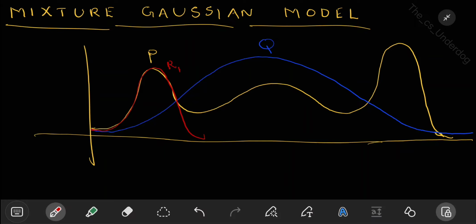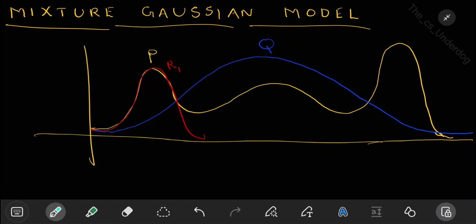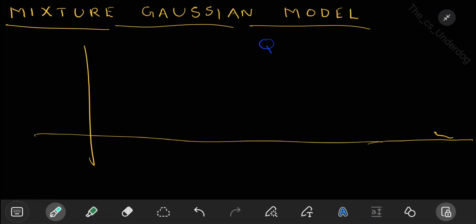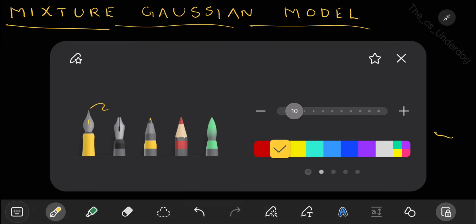And I have a second distribution which I'll draw with, let us say, this light blue color. Let us say it is something like this. This is my second distribution. Let me draw it again because I lost that red distribution there.